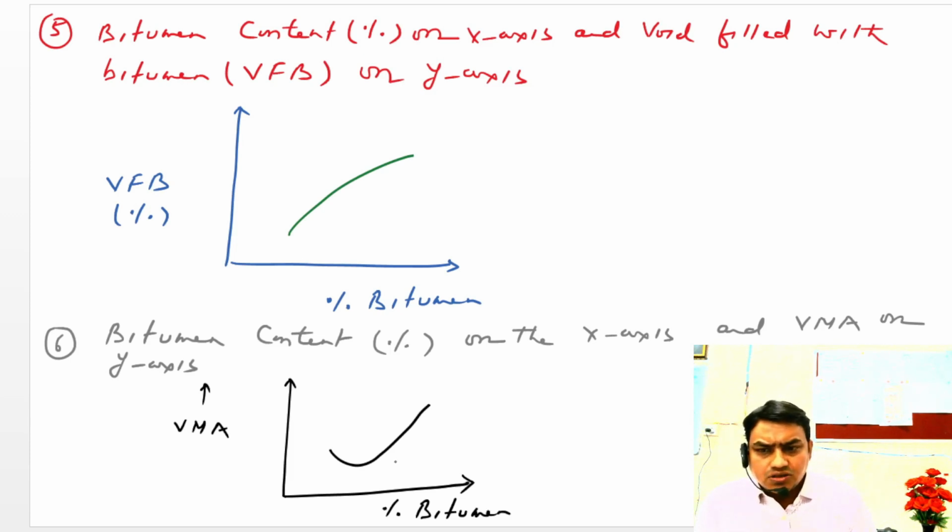Once the graph is plotted, the optimum bitumen content can be computed by taking the average value of bitumen content corresponding to maximum Marshall stability value, bitumen content by unit weight, and so on.